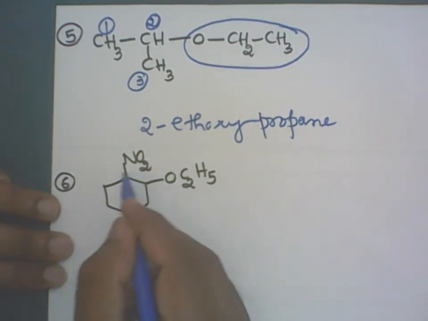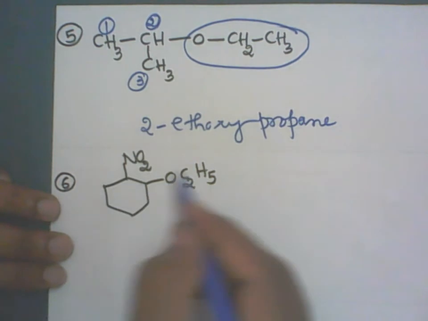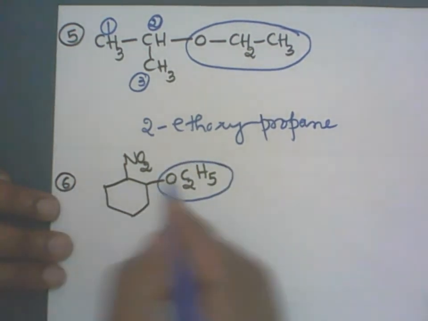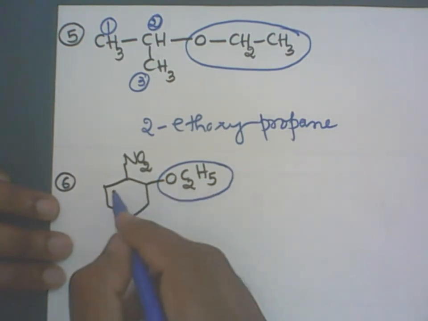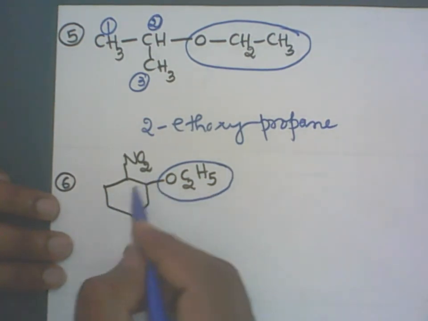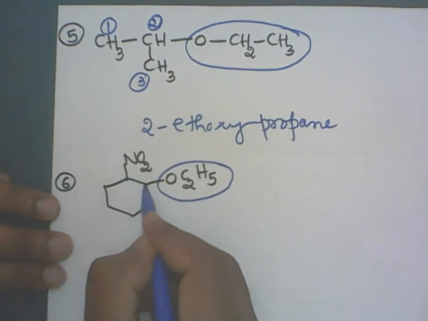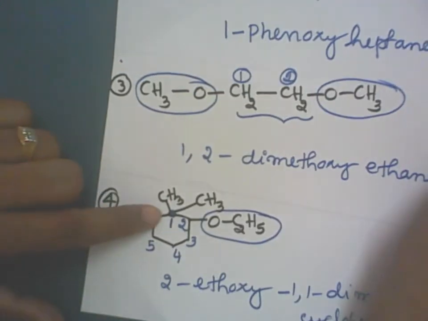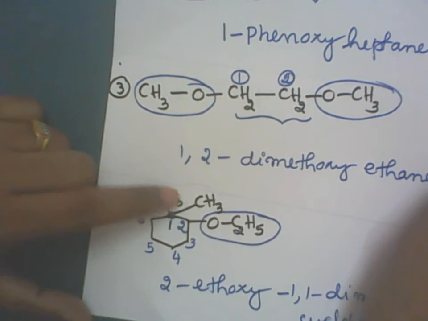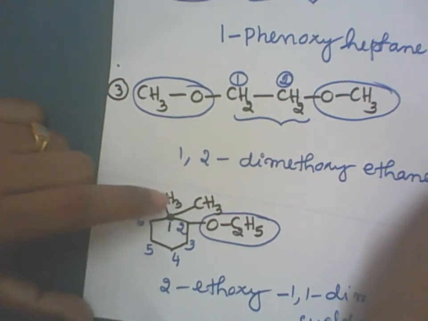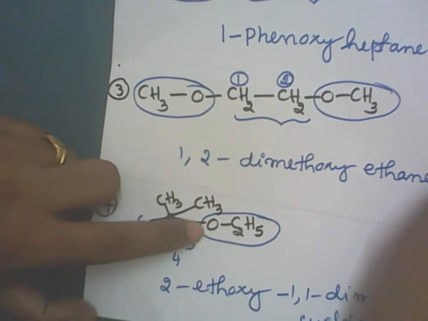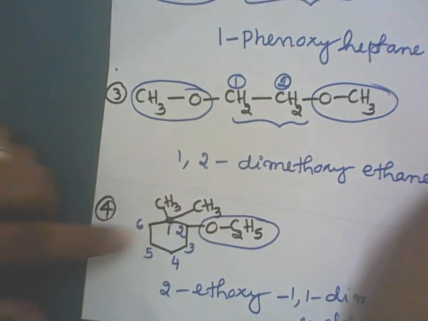A cyclic group is there, altogether 6 carbon atoms. The other hydrocarbon has only 2 carbon atoms. The lesser number of carbon atoms always goes with the oxygen, so ethoxy. Now we have to number the carbon atoms. Is this carbon number 1, or is this carbon number 1? Previously we had an example where one carbon atom had more substituents, and we gave preference to that carbon, even though there was a functional group with fewer carbon atoms.